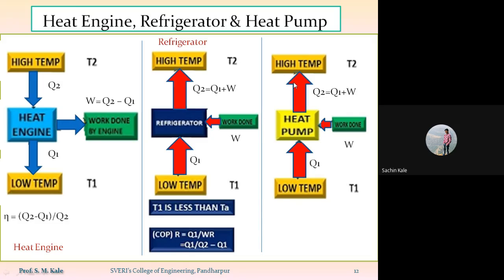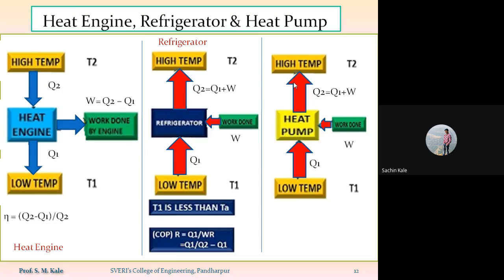So here is an example of a heat pump I have given. In western countries, in the winter season, the outside or surrounding temperature is very low. Suppose the surrounding temperature is 10 degrees centigrade. Will a human being feel comfortable at 10 degrees centigrade atmospheric temperature? No, that human being will not feel comfortable.